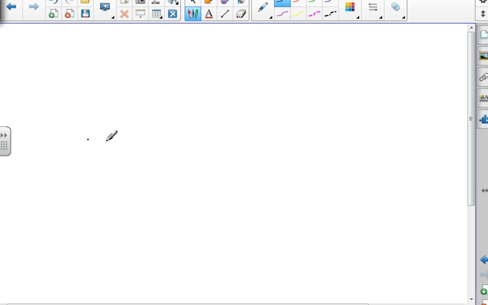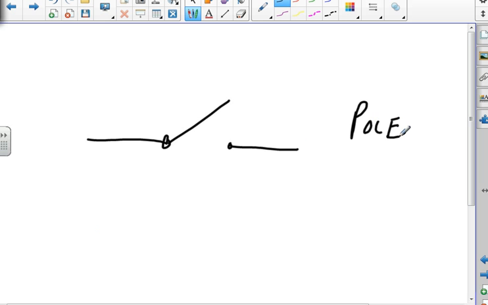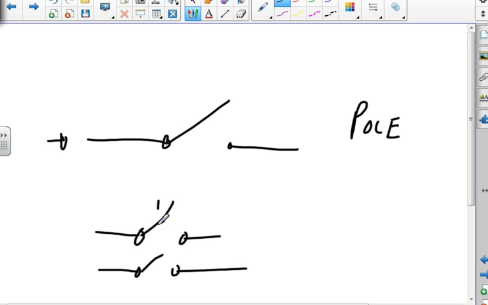A switch has something called a pole. That just means if I have one pole, I have one way for power to go through the switch. If I have two poles, that means I have two ways for power to go through the switch.